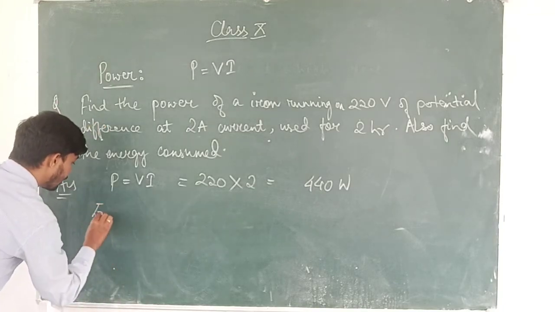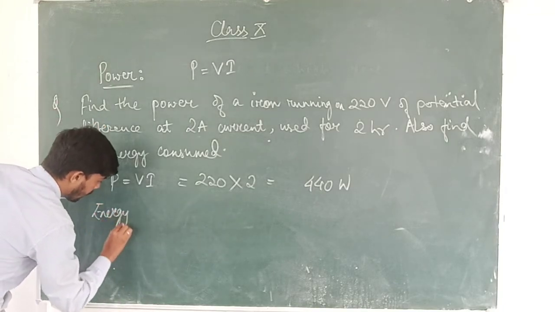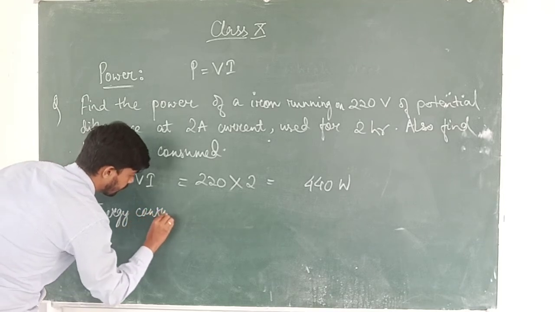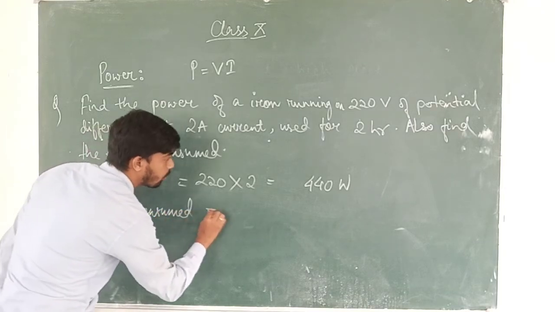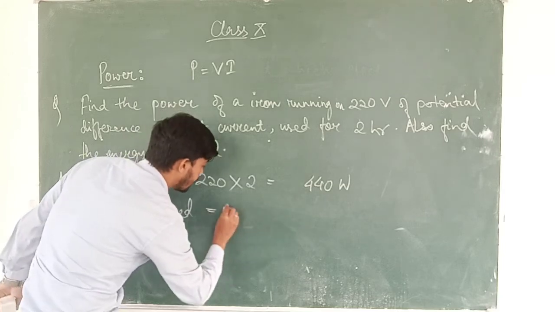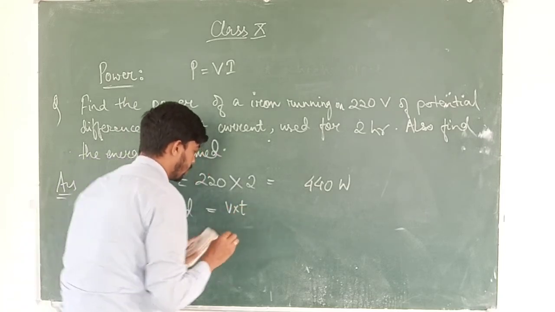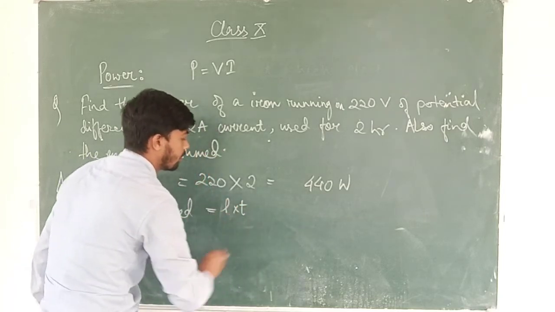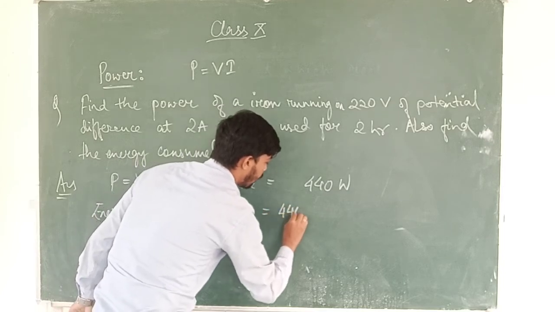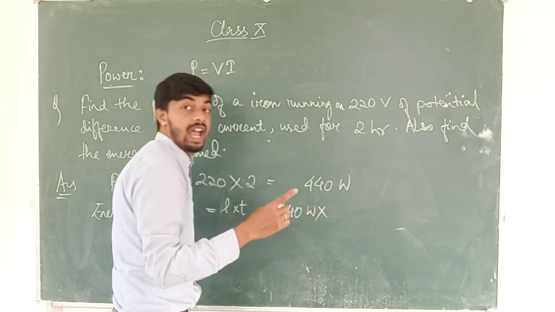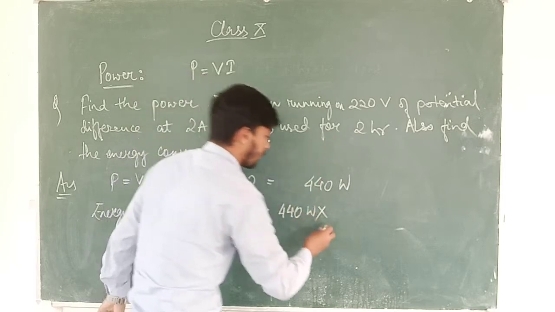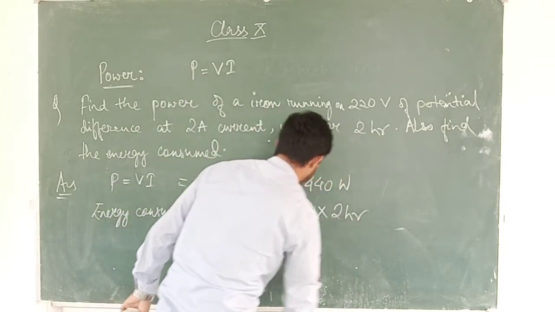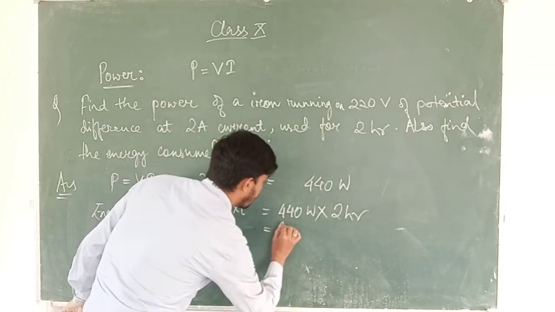Energy consumed is equal to P into T, so 440 watt into the time used, that is 2 hours.